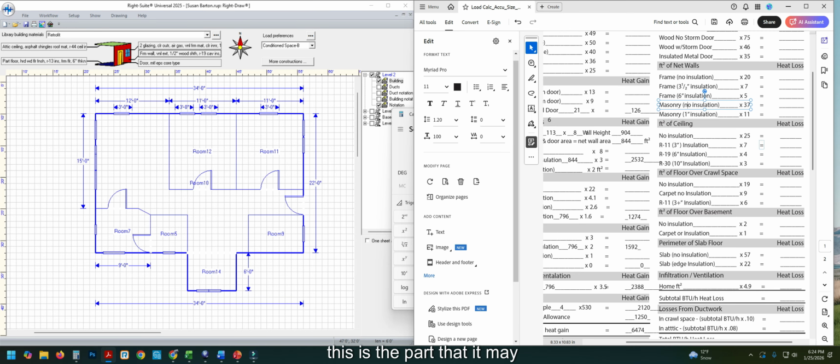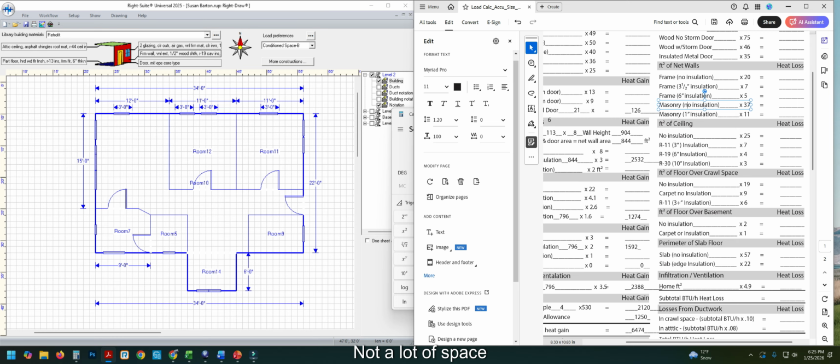This is the part that it may get a little bit tricky. You just have to know whether you have a basement, whether your home is on a slab or on a crawl space. A slab basically means that your home has no basement whatsoever. It's a piece of concrete. All your ductwork is just built into the concrete itself. A crawl space is a very small area for somebody to crawl down into, usually on their hands and knees.